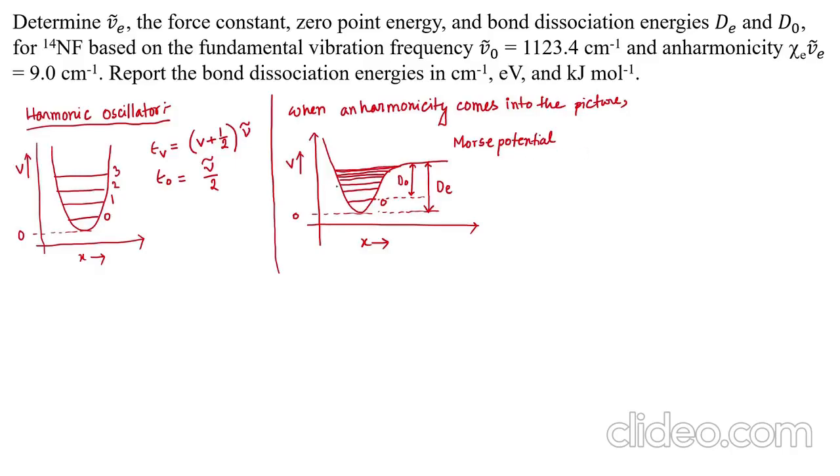Okay. So the energy for this kind of system for a vibrational level changes a bit, right? v plus half. So let me write this as nu 0 and this as nu equilibrium, minus v plus half whole square nu equilibrium xe.